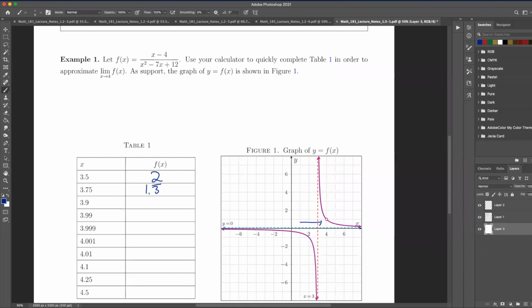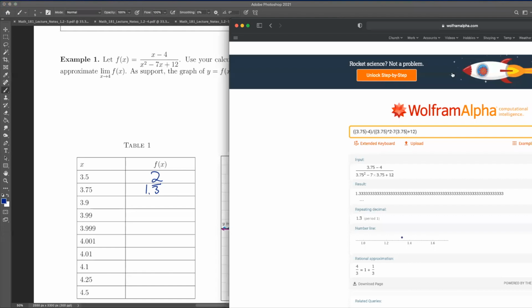All right, let's do 3.9, and I get 1.11 for a while.